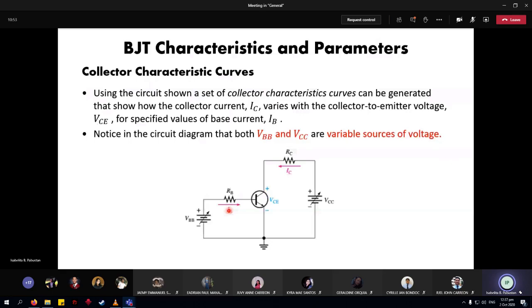O kaya naman, you could have a fixed resistor here and then you could have a DC that you will be varying so that there will be a corresponding variation in IB. So it depends on the circuit which of the two are you going to vary so that you will have a varying IB.